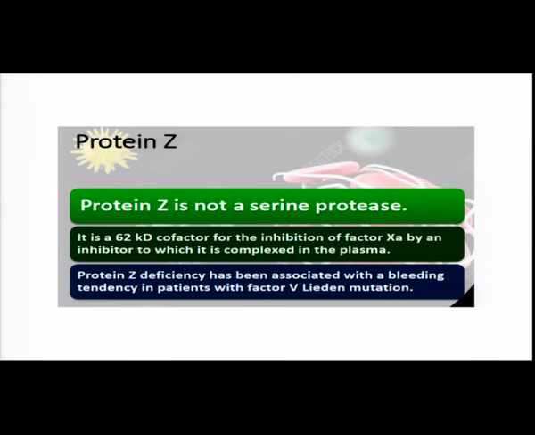It is closely associated with vitamin K, is 64 kilodalton, and inhibits factor 10A through an inhibitor. Again, this is an inherited deficiency associated with bleeding tendency in patients with a factor 5 mutation.